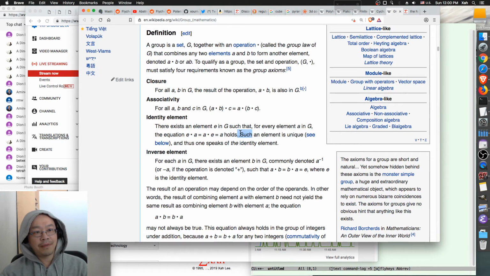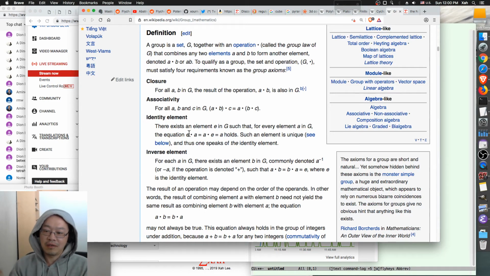That means, like the article said, if you apply the binary operation to two elements in the group, there must exist an element such that that element dot another element equals the other element itself.